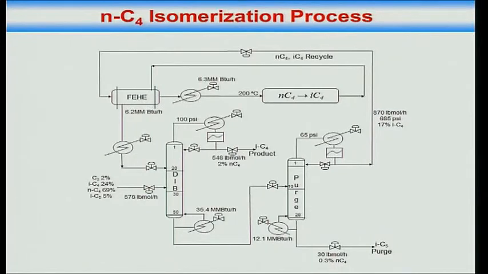Degrees of freedom, steady state degrees of freedom, tell me. How many steady state degrees of freedom? 1 for the fresh feed, 2 each for the 2 columns, that's 5. 1 for the heater, 1 for the cooler.